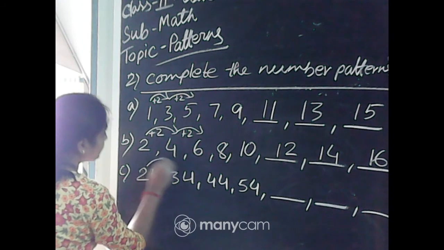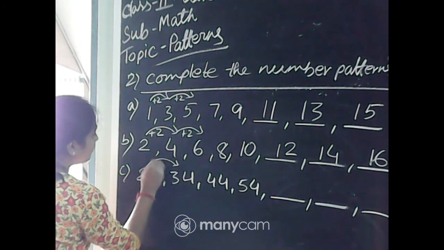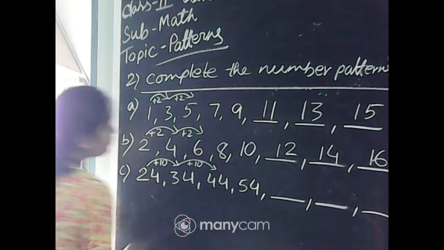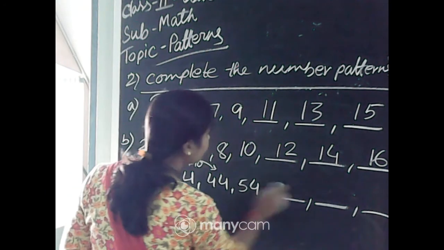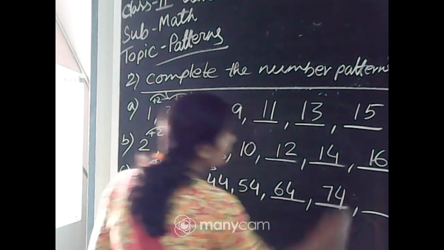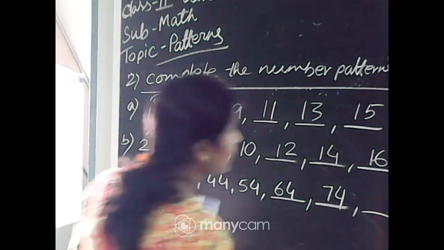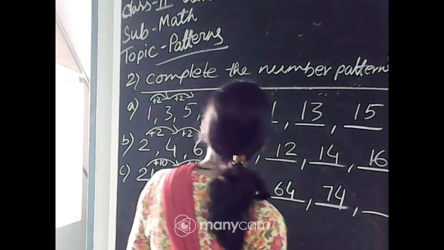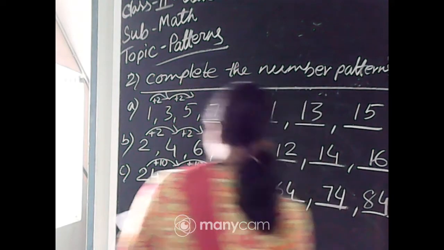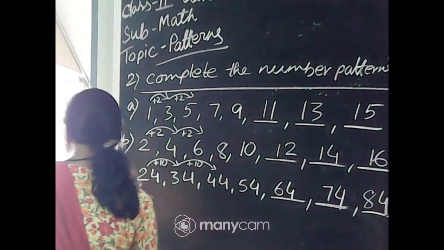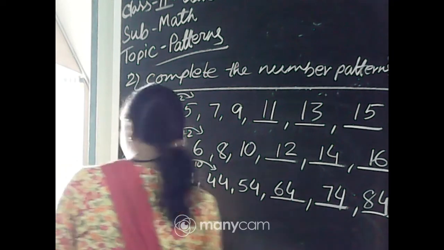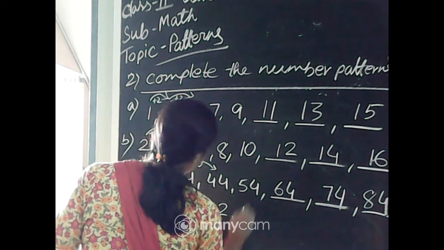Here, which pattern followed over here? 24 plus 10, 34, 34 plus 10, 44, 44 plus 10, 54, 54 plus 10, 64, 64 plus 10, 74, and 74 plus 10, 84. And now, this is the last one, number D, 3, 6, 9, 12, 15.